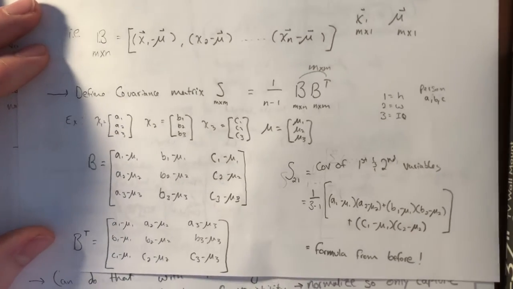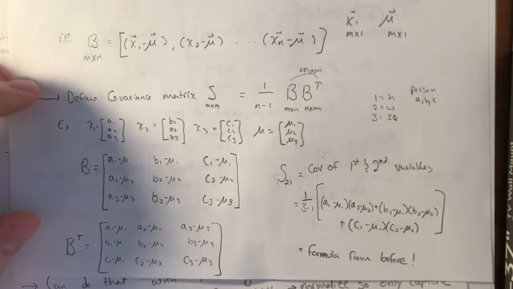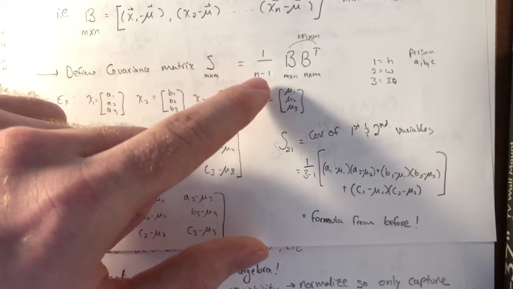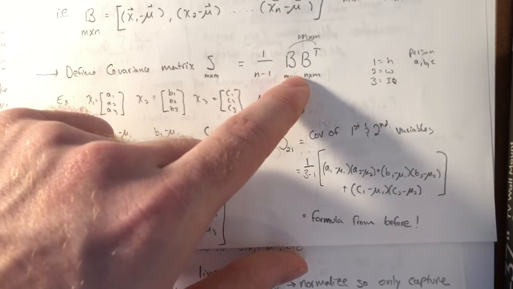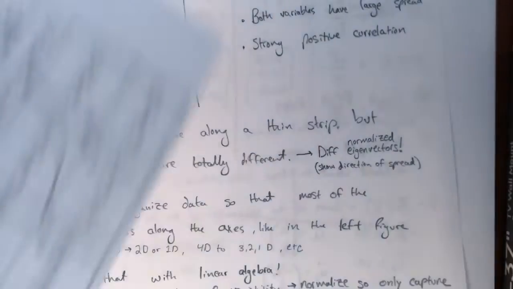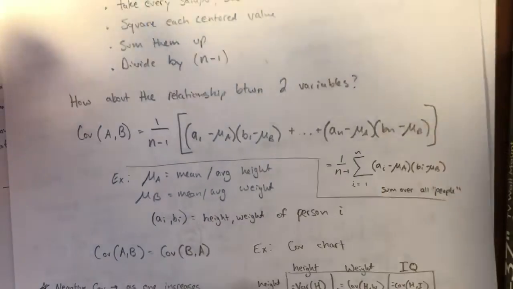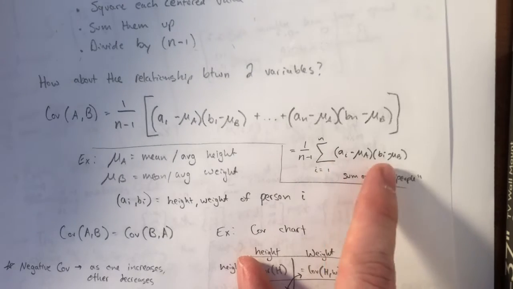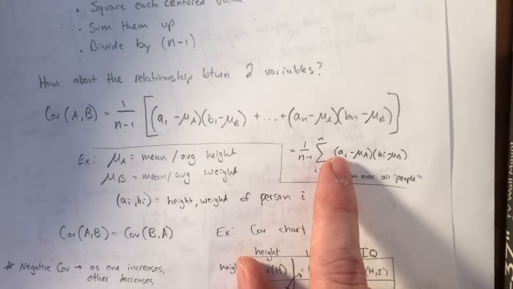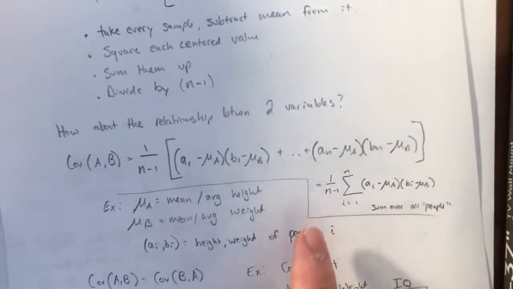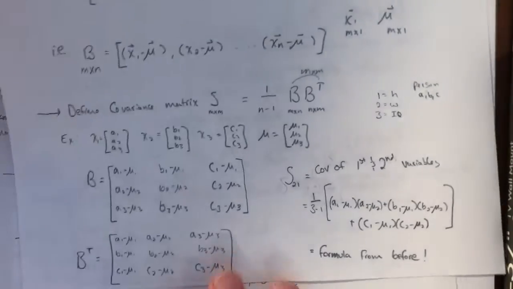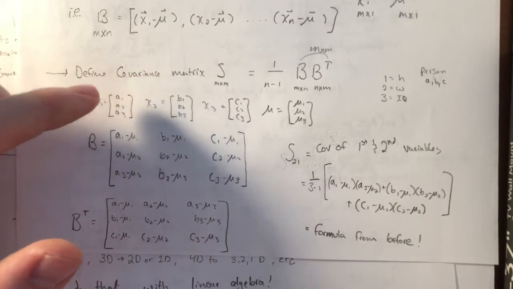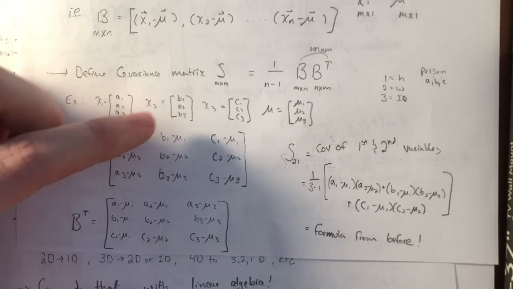Now, the covariance matrix, as we just saw, we can express that as 1 over the number of samples minus 1 times B times B transpose. So if we go back here, we want that to be in the form of this summation right here, where A is one variable, B is the other variable for each person. So this covariance matrix S here is going to be m by m, where m is the number of variables.